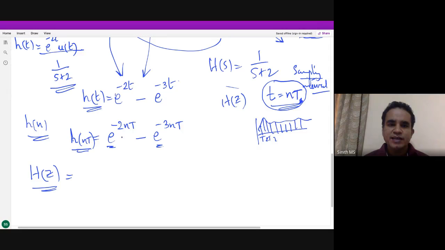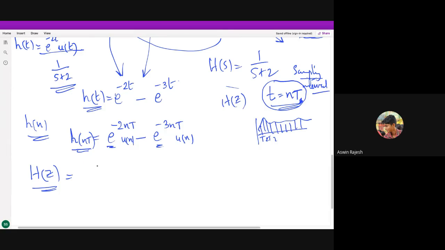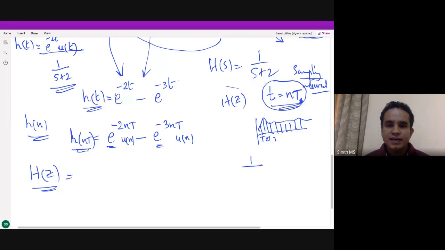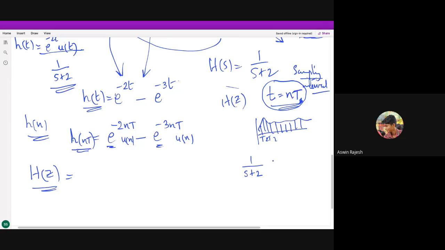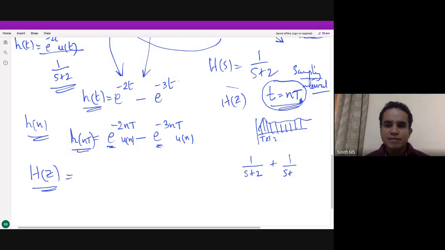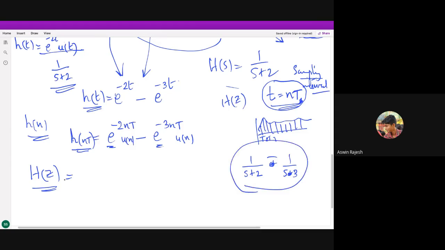You can assume that you have a u(n) here. Can you tell what will be the z transform corresponding to this? This is the Laplace transform; we are talking about the unilateral z transform.